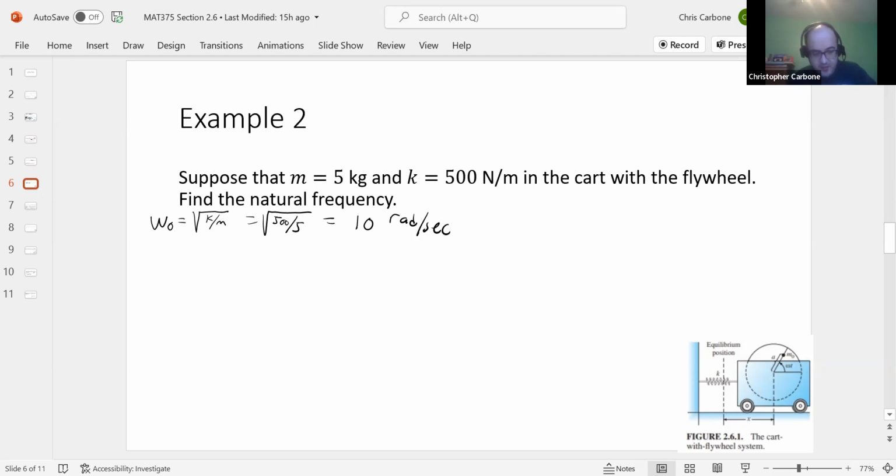And the frequency is 10 over 2 pi, which is about 1.59 hertz.